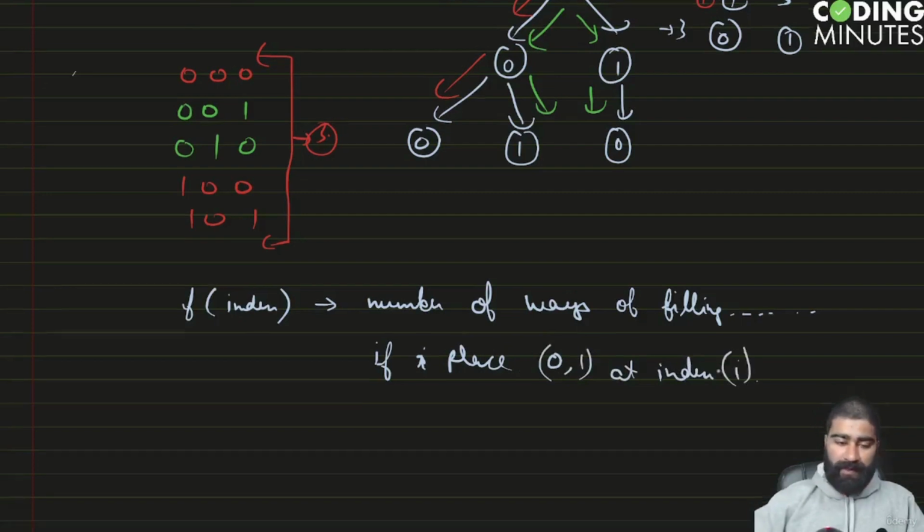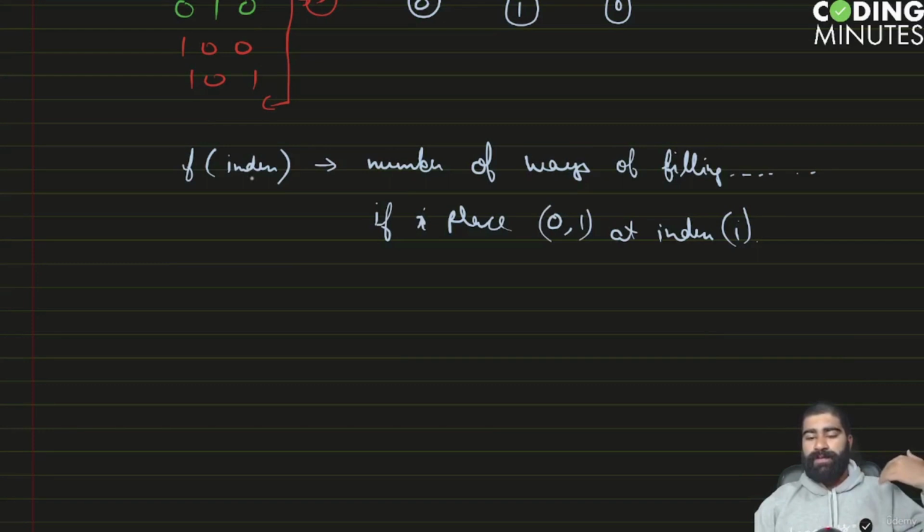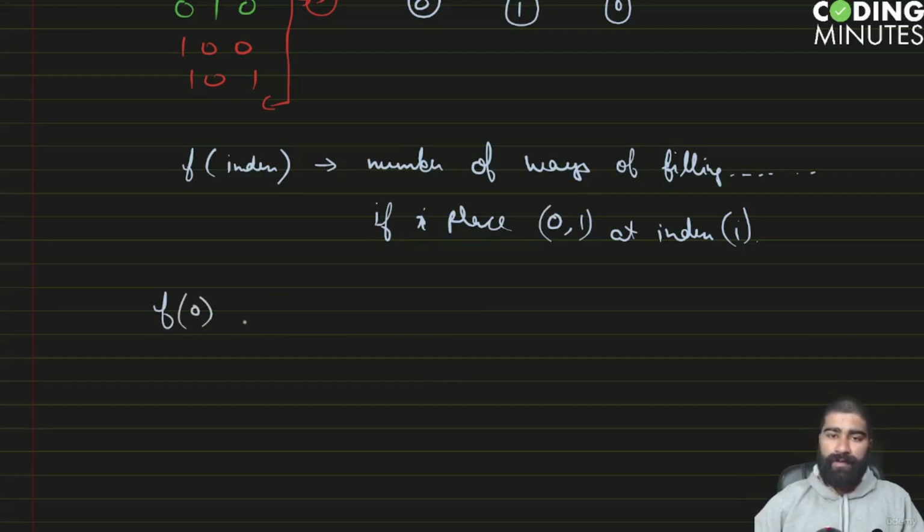Okay, let me go over this again. f of index means I'm taking f of index equal to whether I'll place 0 or 1 on this index, and it tells me the number of ways from here till the end of the array. So initially, what is the final answer? The final answer is f of 0, or instead let's say f of 1. We are considering 1-based indexing over here.